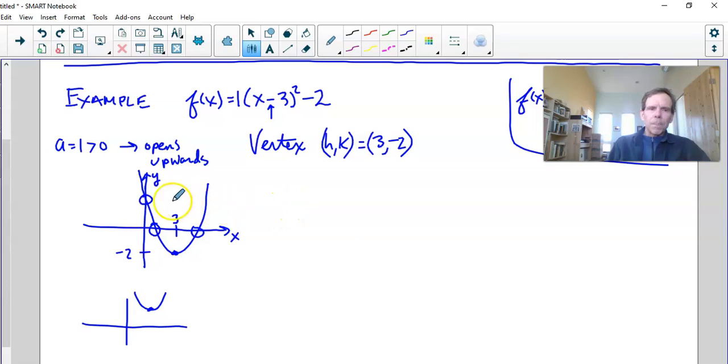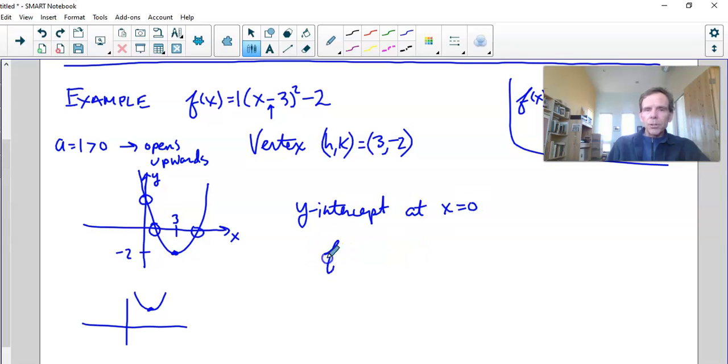All right, so first of all, the easiest one to get is the y-intercept. The y-intercept is where the graph crosses the y-axis, and the y-axis is x equals 0 for the whole y-axis. So the y-intercept is at x equals 0.